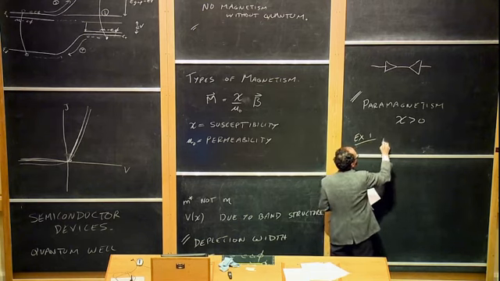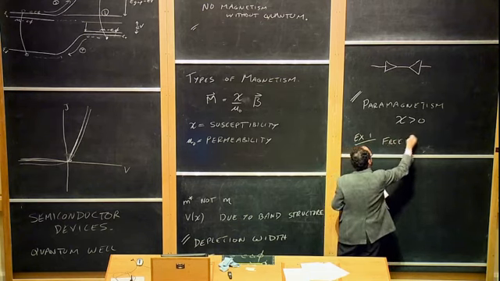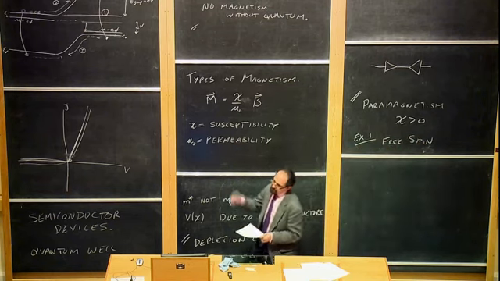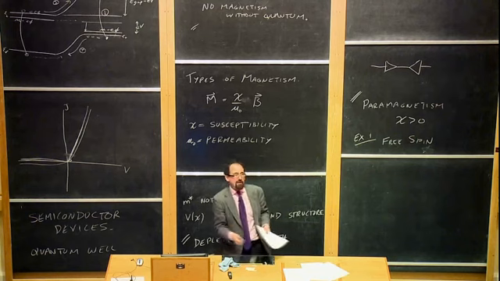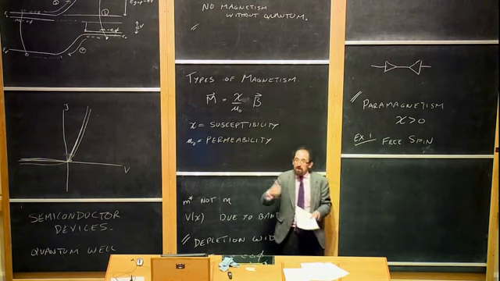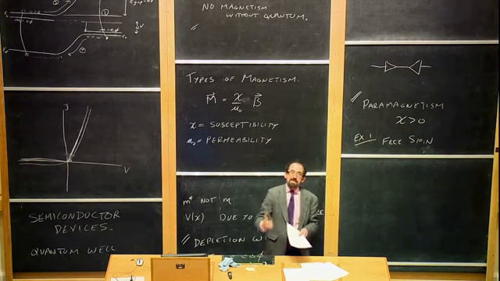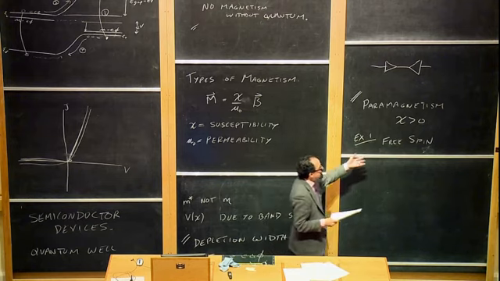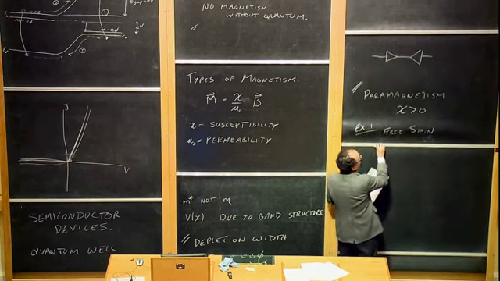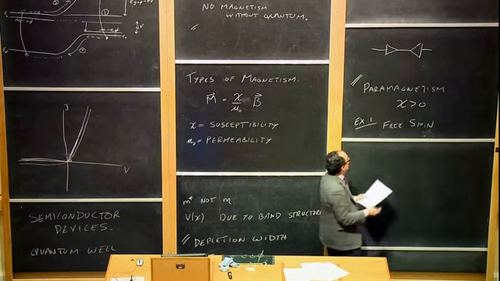Example 1 is a free spin. You probably studied this in statistical mechanics last year. If you have a free spin sitting in outer space and you apply a magnetic field to it, its energy is lower if the magnetic moment points in the same direction as the magnetic field, so the spin will try to flip over and point in the same direction. Hence, the free spin is a paramagnet.